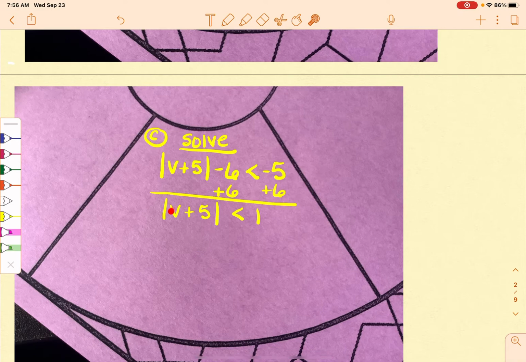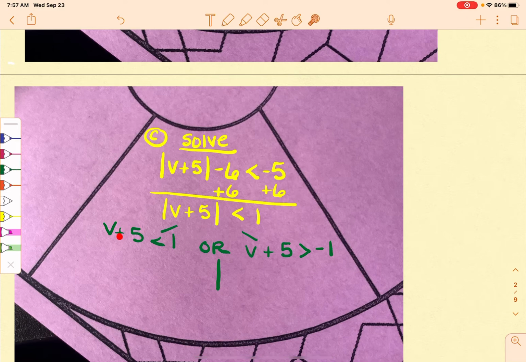I have the absolute value by itself, so I can do my two branches. First time through, we're going to write it exactly the way it is, just dropping the absolute value bars. The second time through, remember, we flip this and change this. So it's going to be greater than, and instead of +1, it's going to be -1. Now I'm going to start to solve.